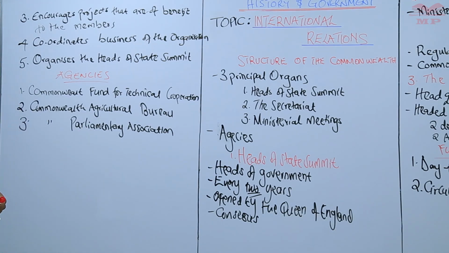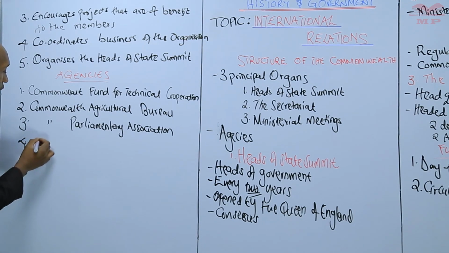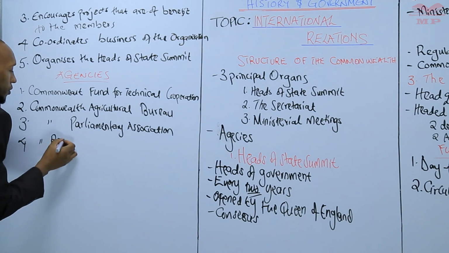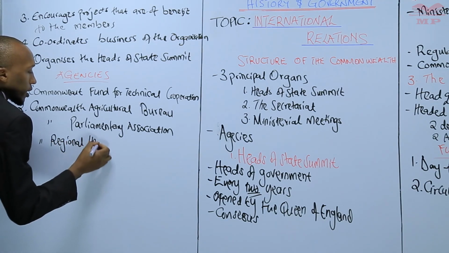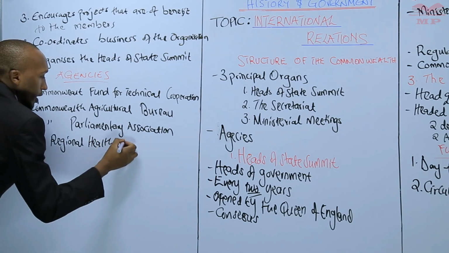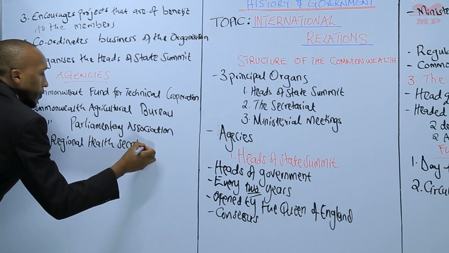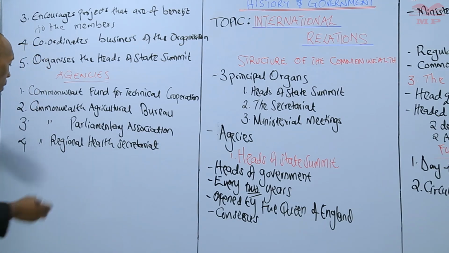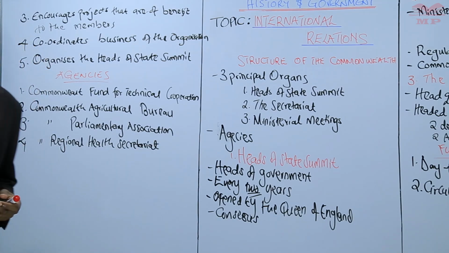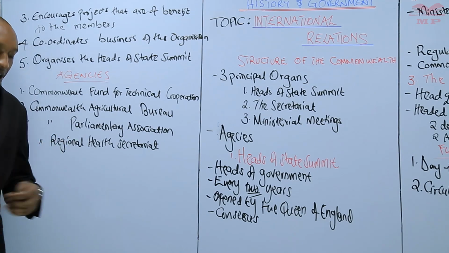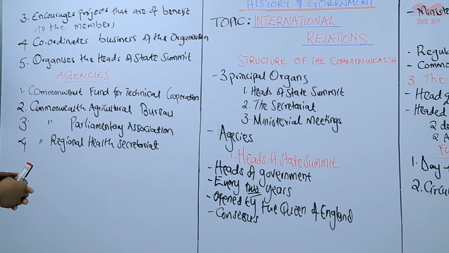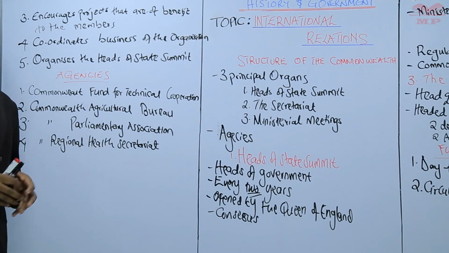And then lastly, number 4, we have the Commonwealth Regional Health Secretariat. So this one works hand in hand with the World Health Organization of the UN to improve the health and hygiene of the members of the Commonwealth.